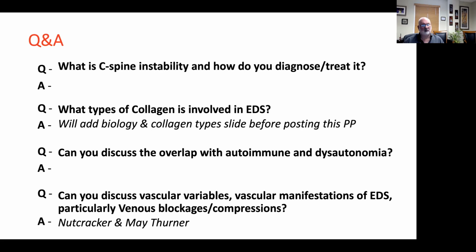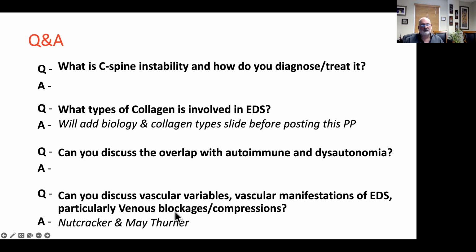But you can have rheumatoid arthritis, Hashimoto's, colitis, and all the other autoimmune disorders are pretty common with these two disorders. We actually think that autonomic dysfunction is an autoimmune condition, and we're in the process of trying to prove that.